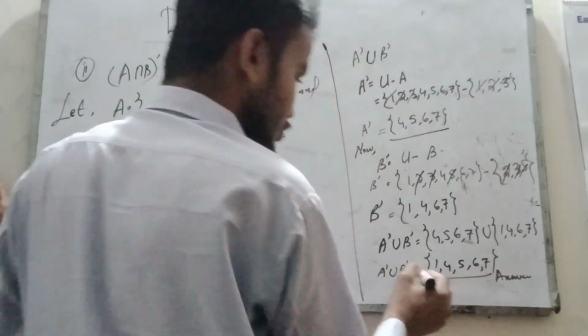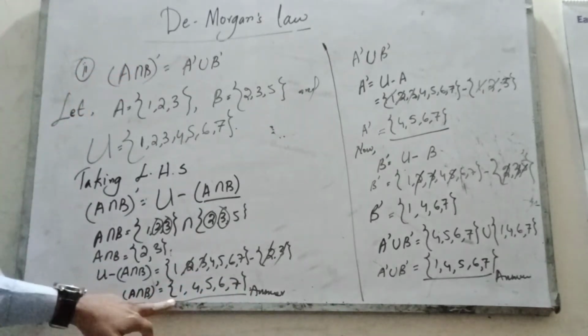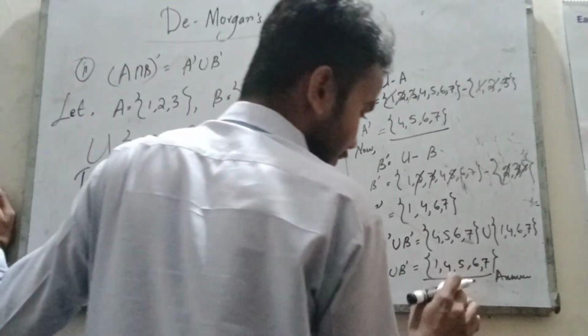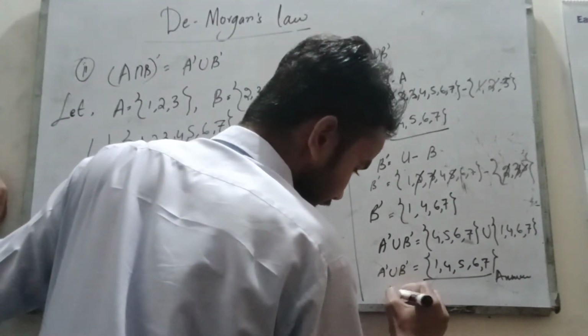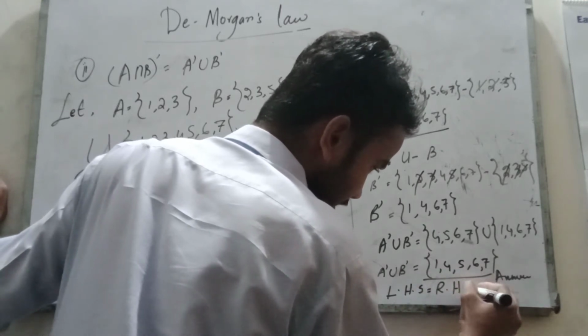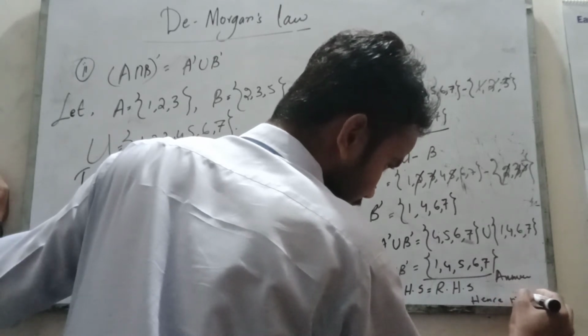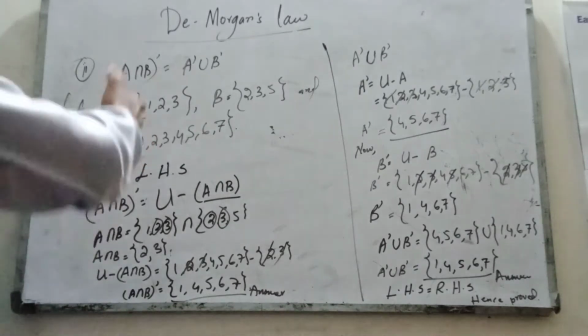So if you see both answers, this one left hand side 1, 4, 5, 6, 7, and this is the right side 1, 4, 5, 6, 7. So both are equal. We can write here left hand side is equal to right hand side, hence proved. You can use these two laws with different sets, you can assume different sets.